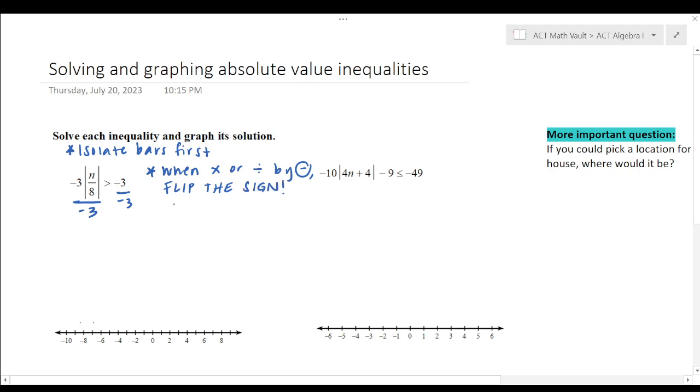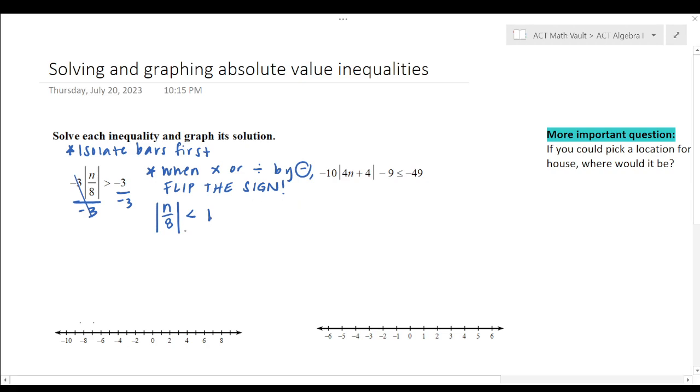All right, so that means that here, these -3's will cancel and we're left with, I'm going to write it here, |n/8| is less than +1. The reason for that is when you're dividing by the negative, if you kept the sign the same, it wouldn't make any sense. So those are just two little notes here.